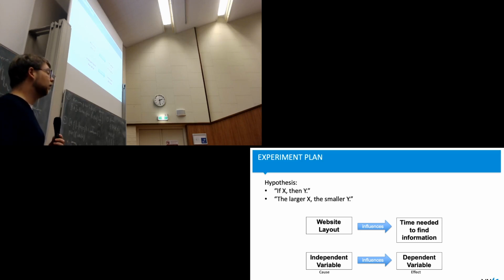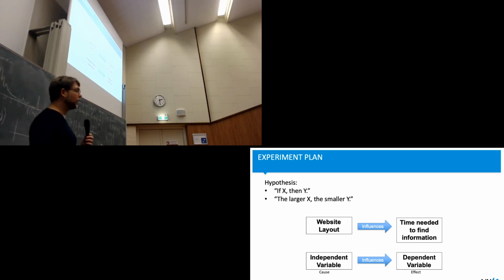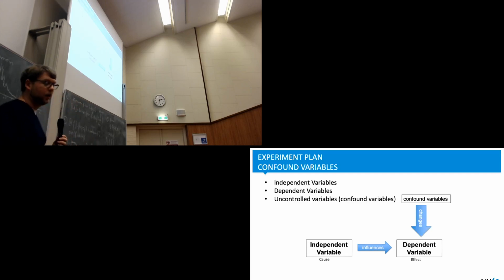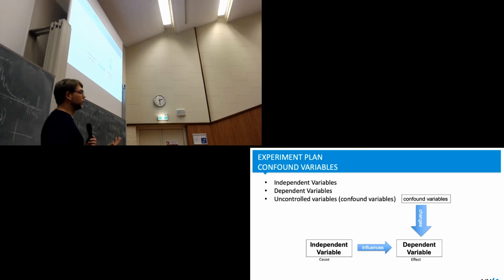But this is the case we would like to have, but unfortunately, often the world is not as easy as it looks. There might be other things influencing the result. So there might be confound variables, as we call them. Simply other effects might influence the result of our experiment.